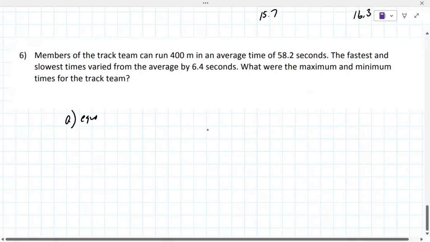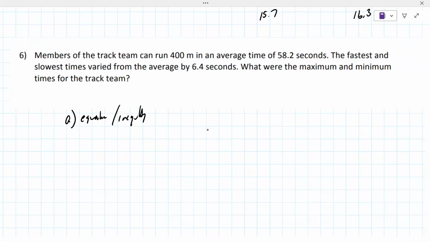And I do want you to write the equation or the inequality. For the inequality, 51.8 is less than or equal to x is less than or equal to 64.6.